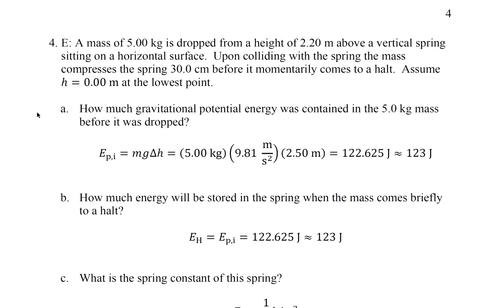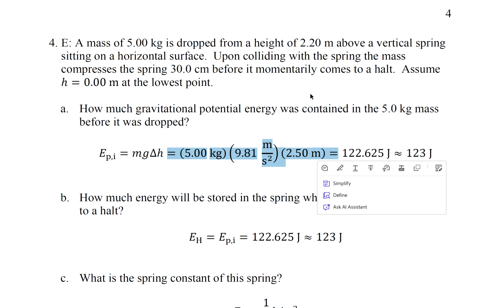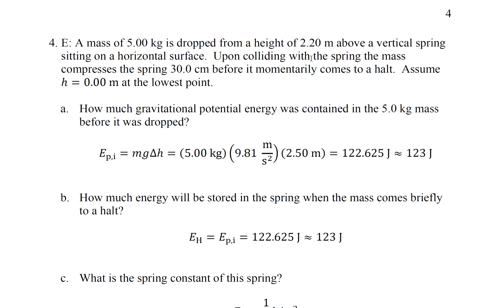So how much gravitational potential energy was contained in the 5 kilogram mass before it was dropped? Well, we're just going to use mg delta H. So what's delta H? It's 2.2 meters plus 0.3 meters.